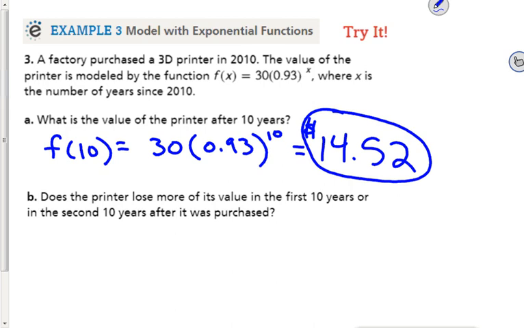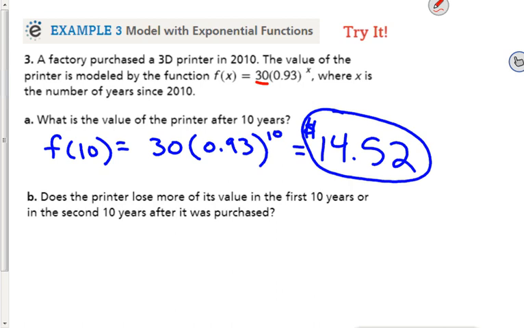But if we look at the function again, that value right there, that A, determines the y-intercept on our graph. Remember, this is something that we've talked about. It's the vertical dilation.